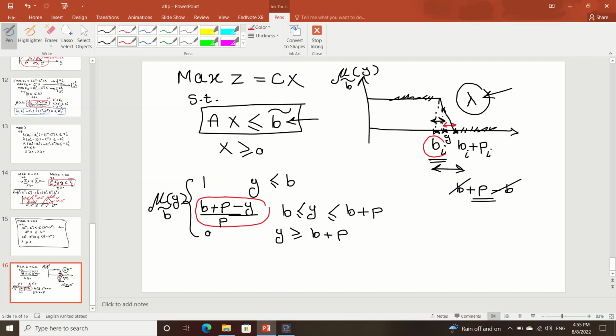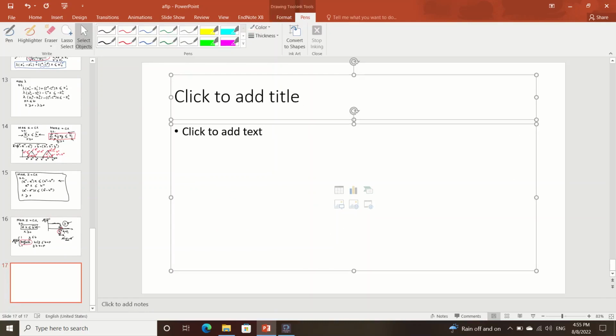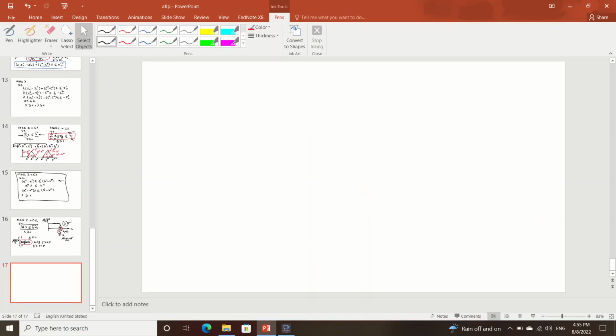For example, in this structure, max z equals cx subjected to ax greater than b.